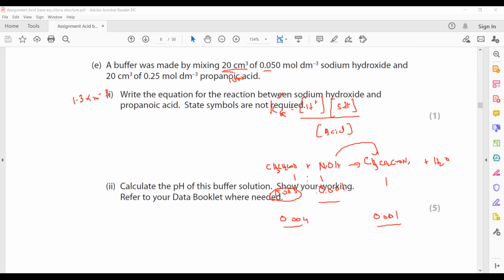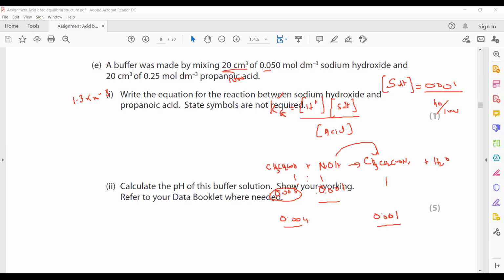But we need a concentration because we want to substitute concentration. Now, what will be the volume? Now we need a new concentration for salt. Concentration is the moles, 0.001, divided by volume. The volume of solution is 20 cm³ of acid mixed with 20 cm³ of alkali, so the volume will be 40 divided by 1000 because it is in dm³.